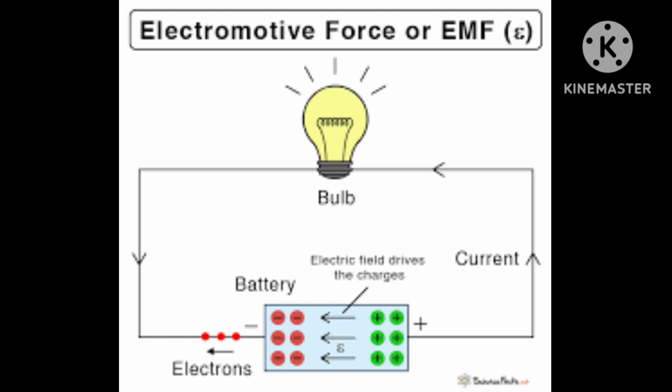Now you have to understand many things. First, why the anode is becoming negative and why the cathode is becoming positive. You have to understand: anode is negatively charged, cathode is positively charged.